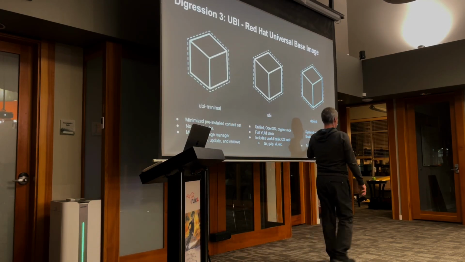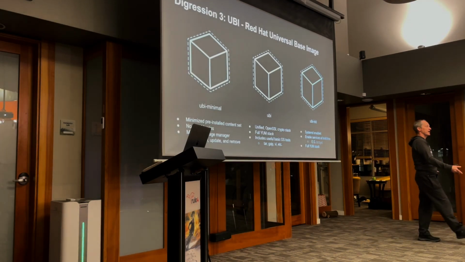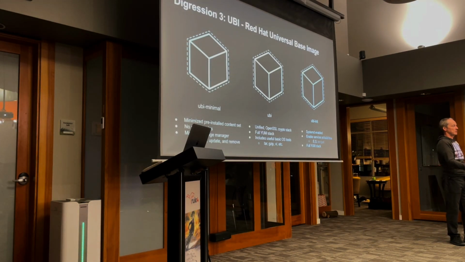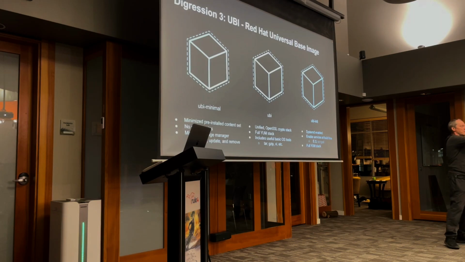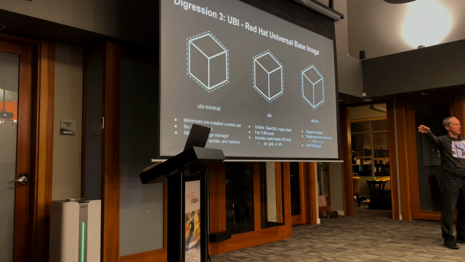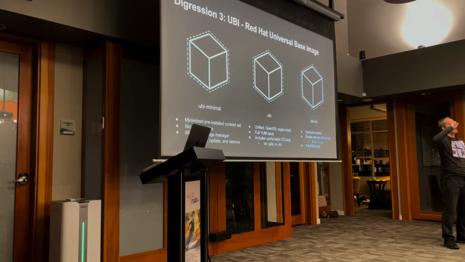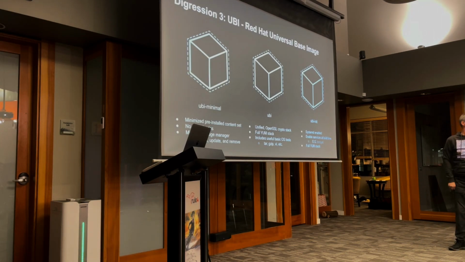And then UBI init, that's interesting. If you wanted to make your own Apache, UBI init has systemd. So you can have a Dockerfile which runs DNF install Apache, systemctl enable Apache, and then when the image is deployed, it would have a running Apache.